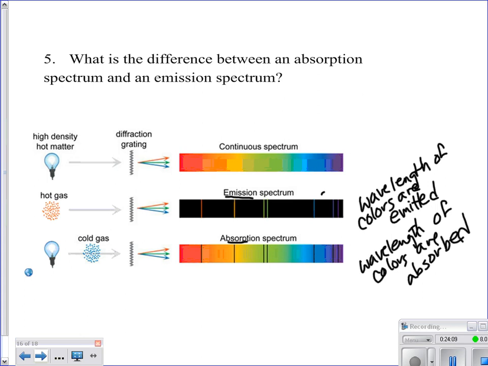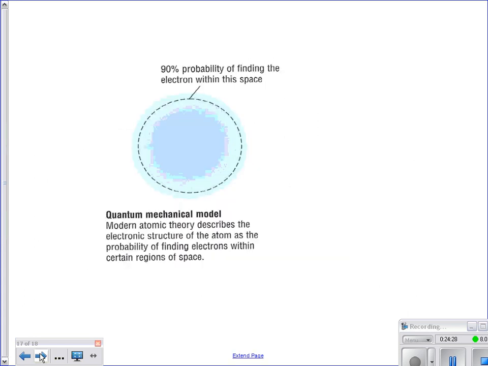So just like it sounds. Again, this is what you guys have seen with what we've done so far. The emission spectrum is how we determine what the composition of stars and such is. And you can see those definite colors being emitted. Here they're absorbed.